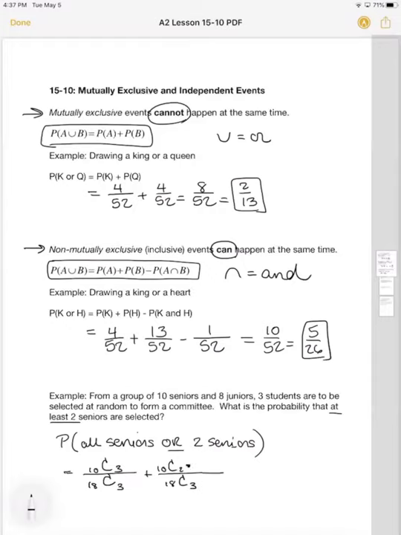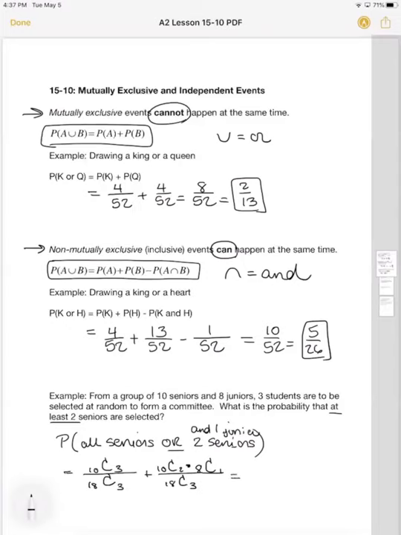And what else am I going to have? 1 junior. So how many juniors could I pick? Well, out of the 8 juniors, I'm going to see how many groups of 1 of those 8 I could have. Now, so I have all seniors or 2 seniors, and I'm going to put here and 1 junior, just so it makes sense, okay? Remember, and means multiply, or means add.